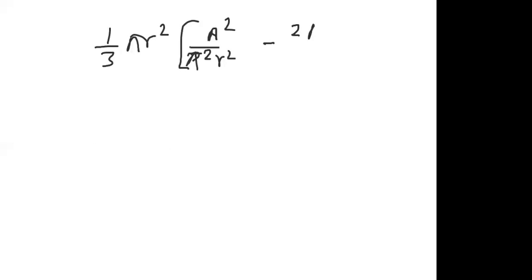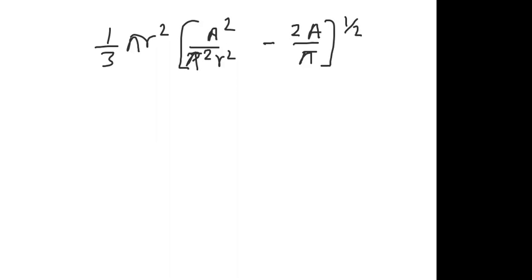Whatever is cancelled will cancel, and the rest I'm writing: 1 by 3 pi r square, a square upon pi square r square minus 2a upon pi, to the whole power 1 by 2, because r square to r square I have cancelled.